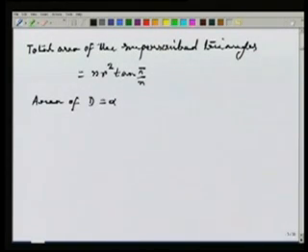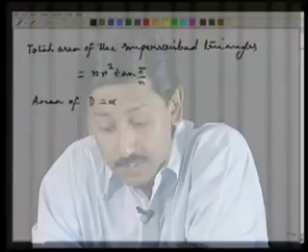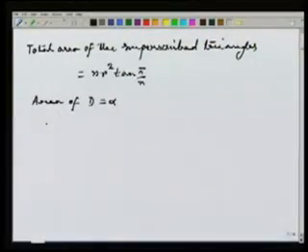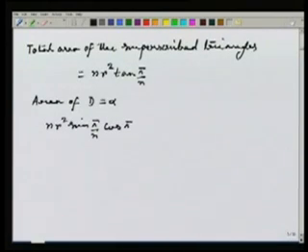Okay, our intuition suggests that if some such alpha exists, then this should be true, that n r square sine pi by n into cosine pi by n is less or equal to alpha, because the left hand side represents the total area of the inscribed triangles.